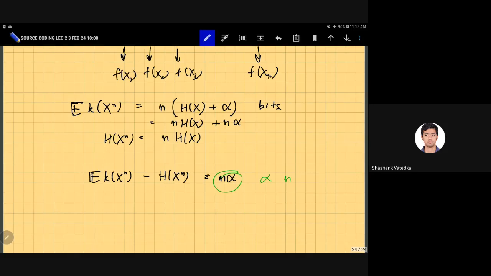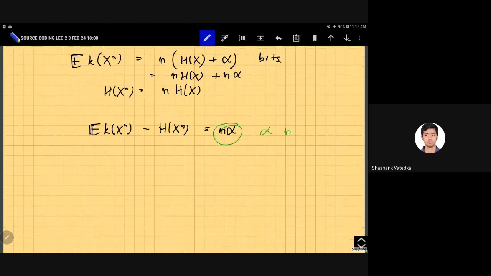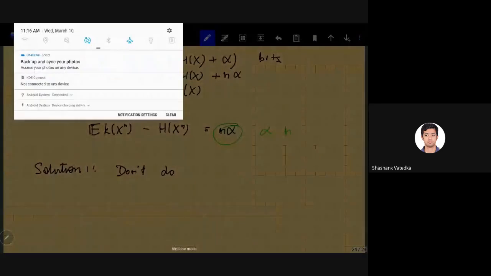But this is if you do symbol-wise encoding. Now, what can I do? I can design a Huffman code for xn separately, right? So the first solution that we can think of is don't do symbol-wise encoding.